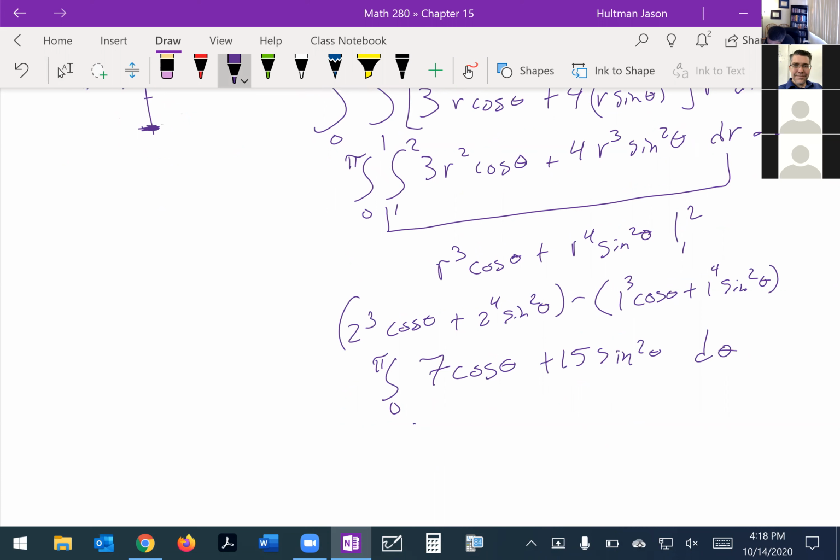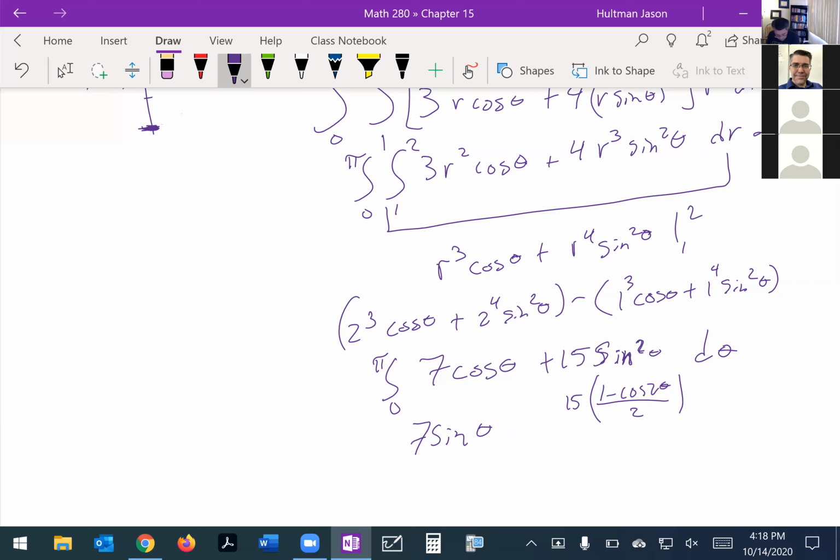So this is going to be 7 sine of theta, and then 15 sine squared. How do I integrate sine squared? Oh yeah, I'm going to use a half angle formula. I remember from Calc 2 that I could use it for this. So this is 1 minus cosine 2 theta over 2, times 15.